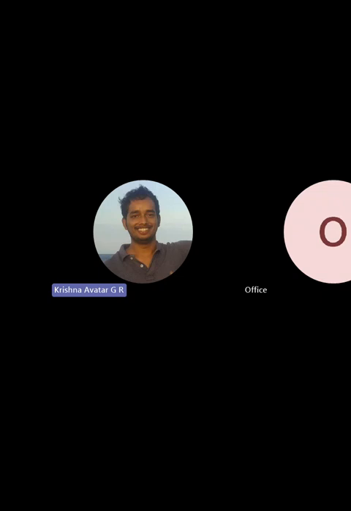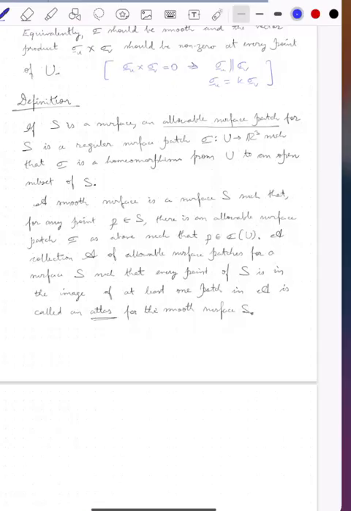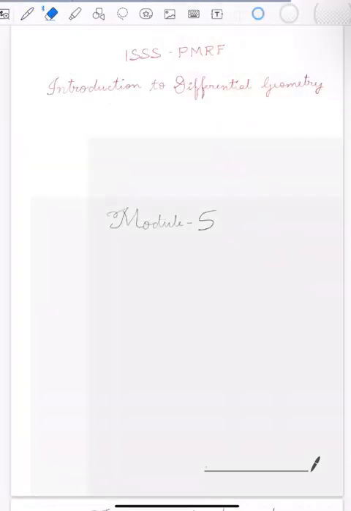It's not very easy to cover all aspects of differential geometry in such a short time, right? So we begin with module 5.